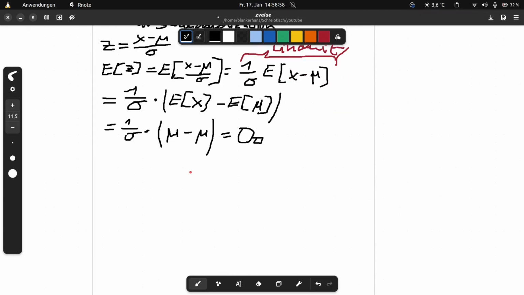Let's continue with the variance of z. So the variance of z is defined as the expectation of the squared difference of z and its expectation.